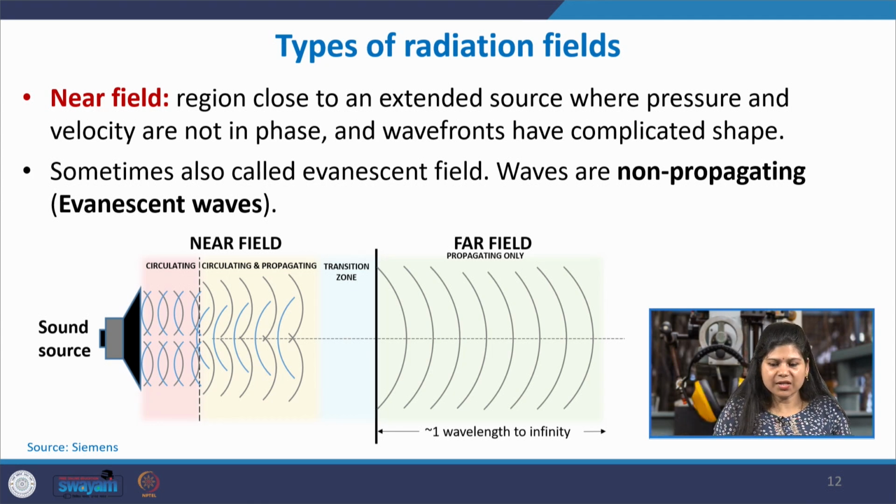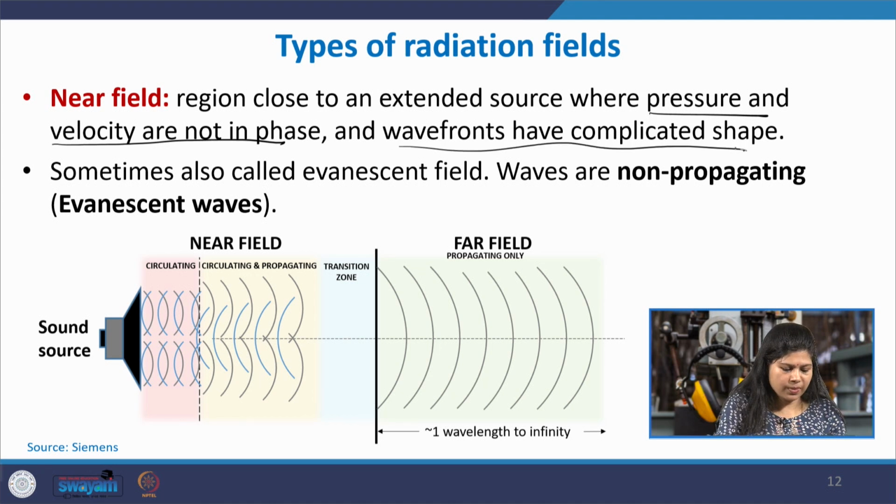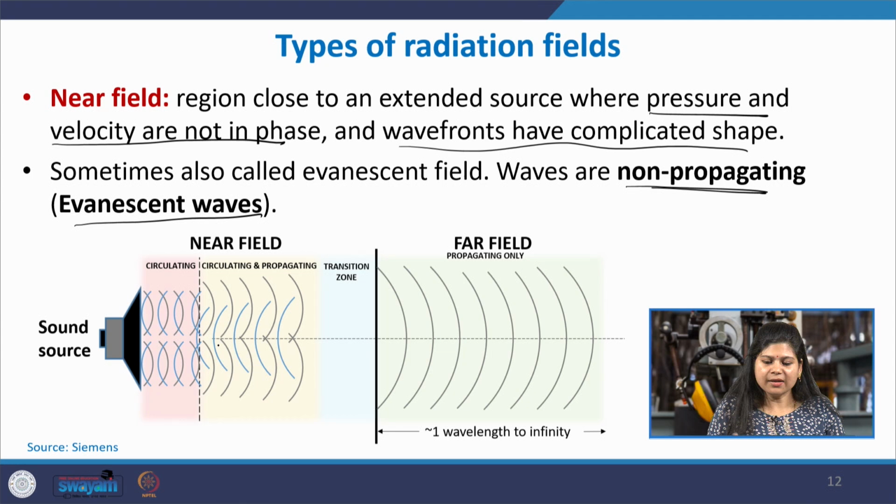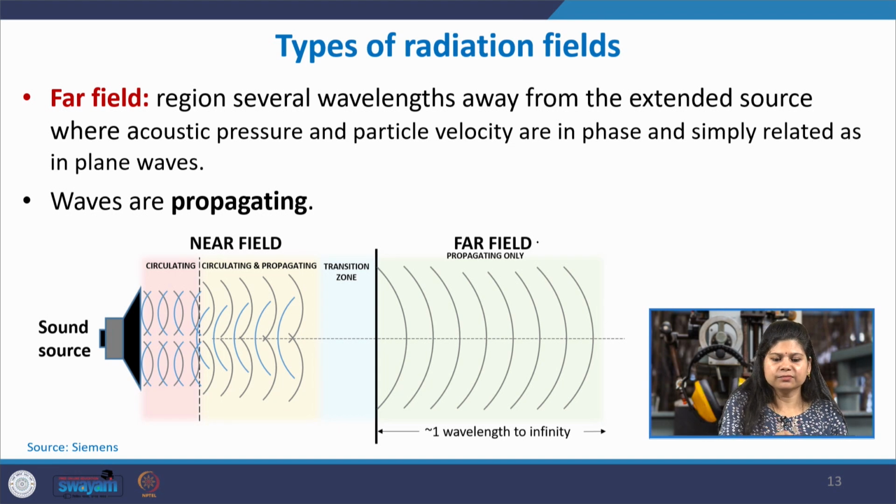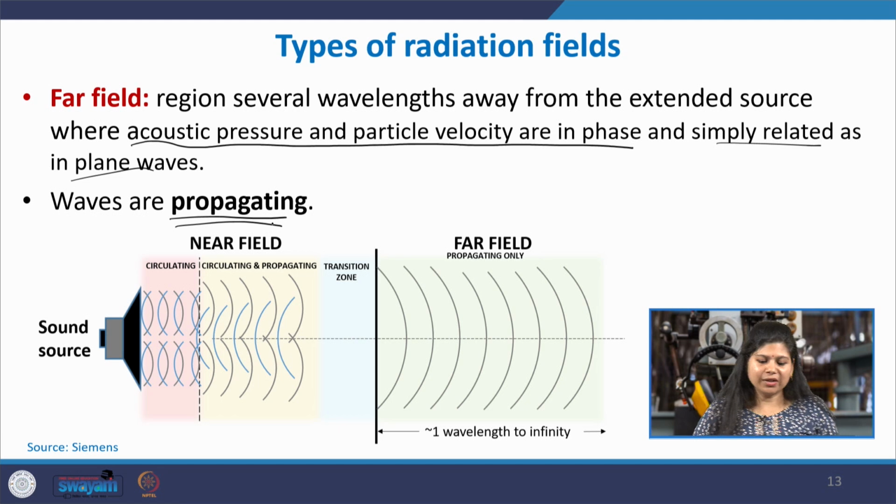Very near to a source, the pressure and the velocity are not in phase. The wavefront has very complicated shapes. They are non-propagating waves, also called evanescent waves. Then as you move a bit away, you finally reach the far field region where acoustic pressure and particle velocity come in phase, and the wave becomes propagating in nature.